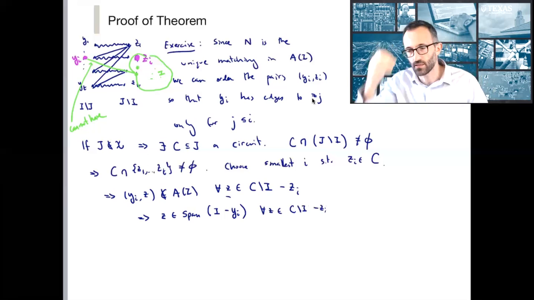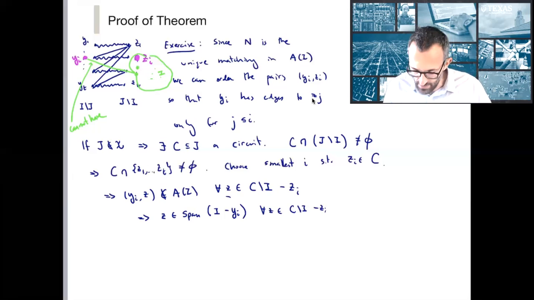Again, we're getting used to what this bipartite graph is, so why is this the case? If z were not in the span of this, that would mean that I minus yi plus z would be independent, since I minus yi is independent because I is independent, so any subset is independent.